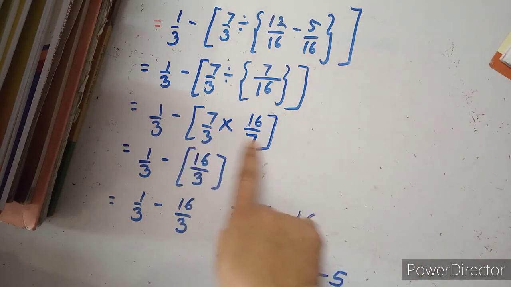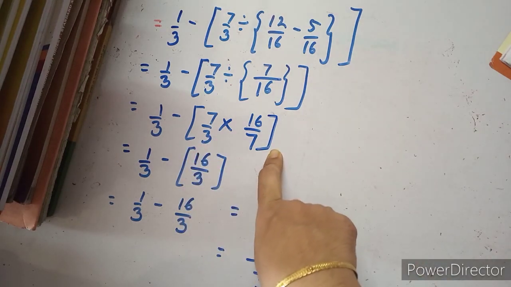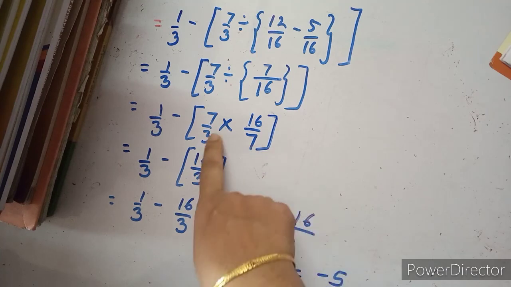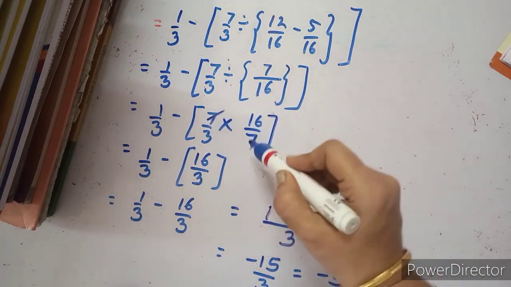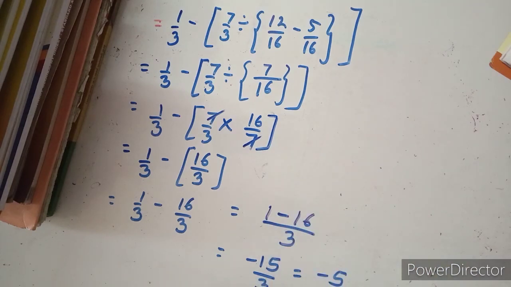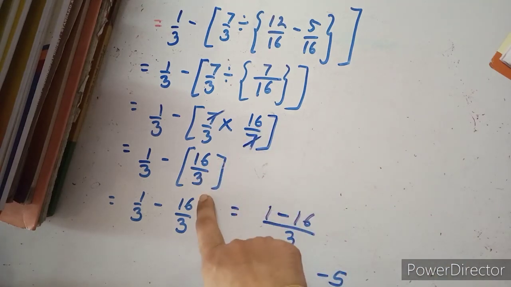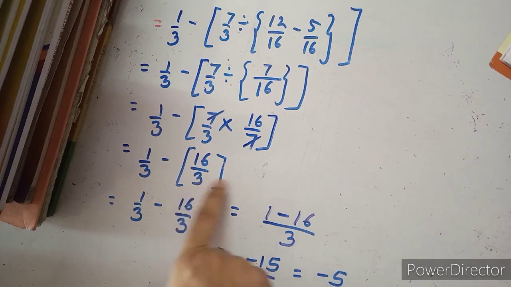Now you have the third bracket, that is your square bracket, and here you can see that you can cancel off 7 and 7. Okay, so you are getting 16 upon 3. Now again you remove the bracket, you are getting 1 upon 3 minus 16 upon 3.